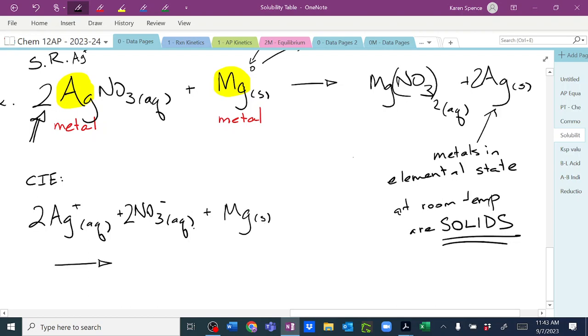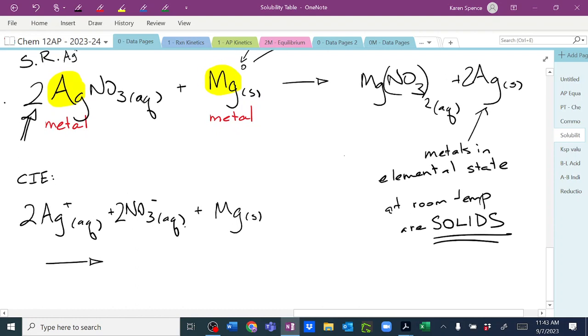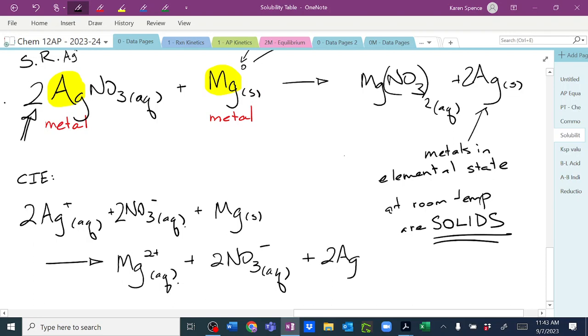Often I find with complete ionic equation, I take 2 lines because it's so long. So what are our products? Mg 2 plus, okay, aqueous, plus, aqueous, plus 2 Ag solid.